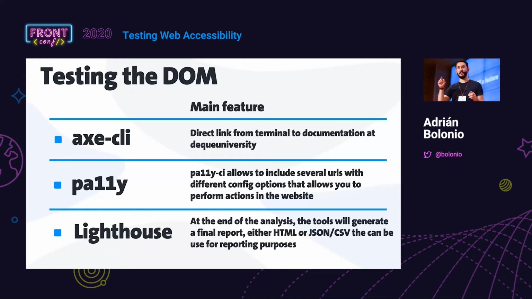So those are the three tools that I normally use in my build pipeline to automate tests and break the CI and CD to avoid putting code in production with accessibility issues. I think I already mentioned the main feature, again only for me, so personal opinion, about what is the main feature of every tool.